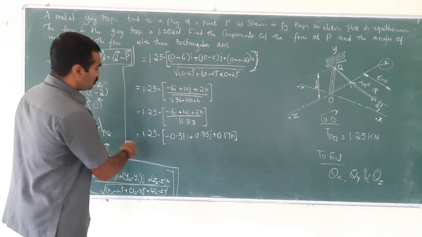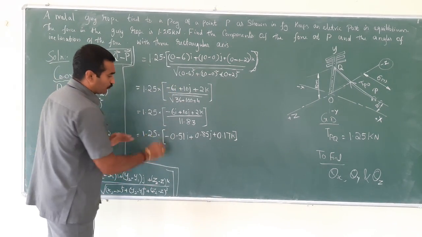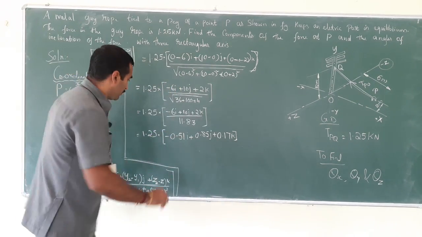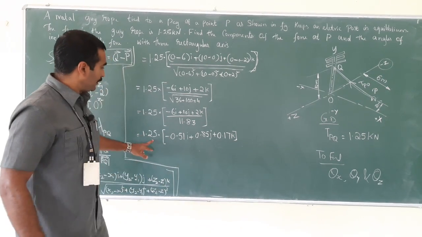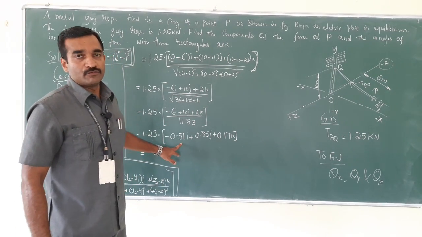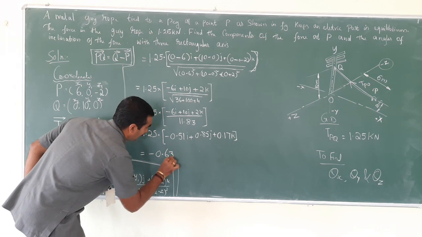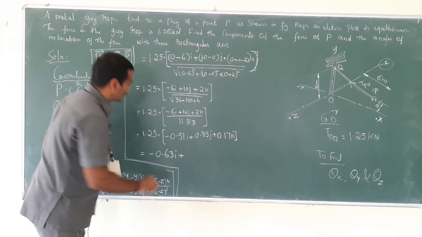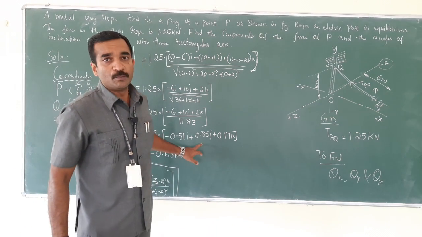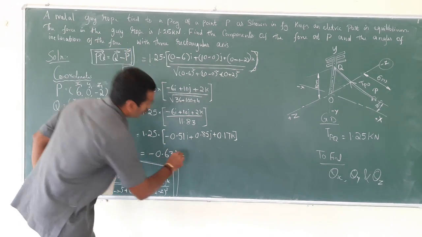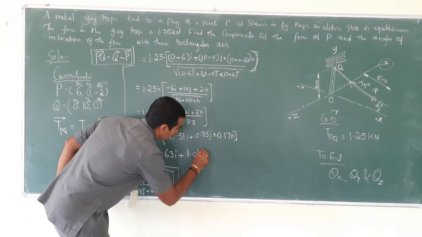Right? You just multiply with 1.25 for the ijk components, so 1.25 into 0.51 would be minus 0.63 i, plus 1.25 into 0.85, which would be 1.06 j.